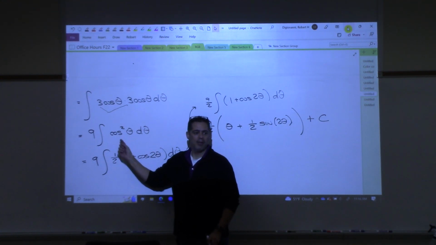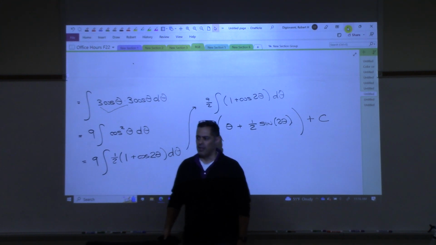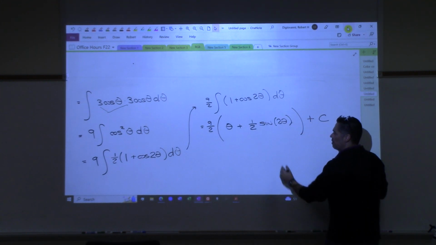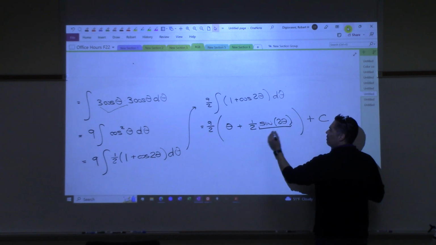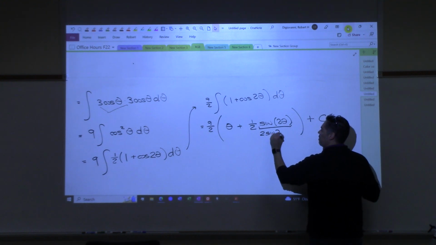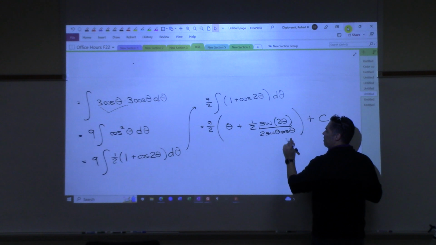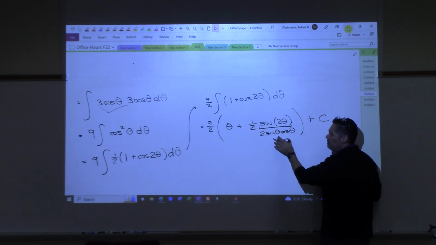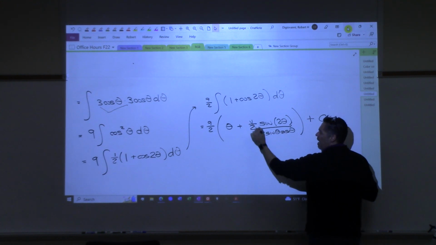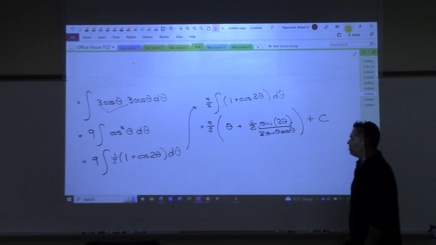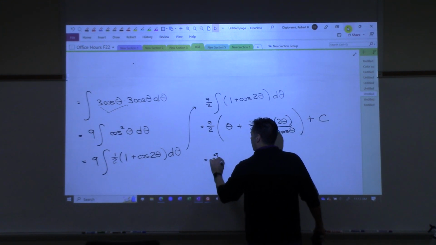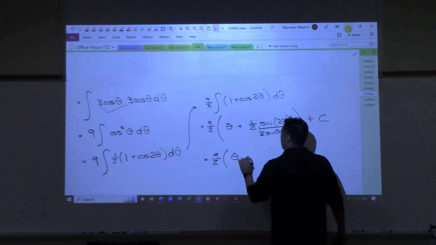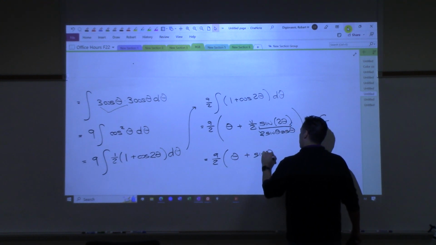Every single time you're going to wind up with this having to be converted. This will have to be converted to 2 sine theta cosine theta. That's a double angle identity from pre-cal. And then the half and the 2 cancel. Reduce, however you want to say that. 9/2 theta plus sine theta cosine theta.